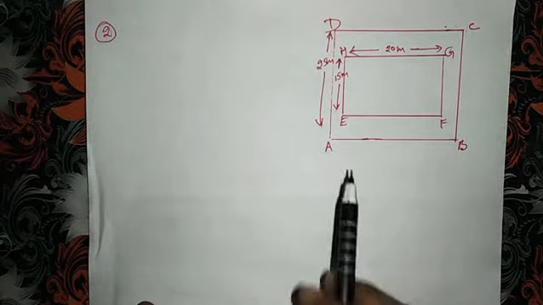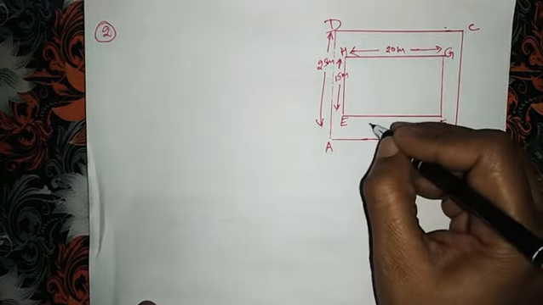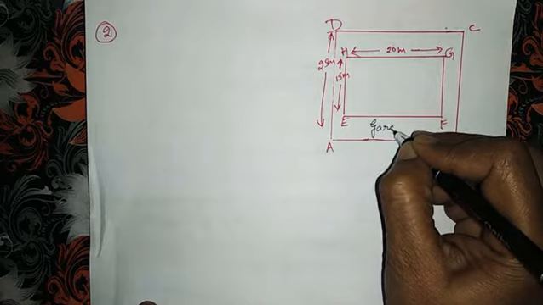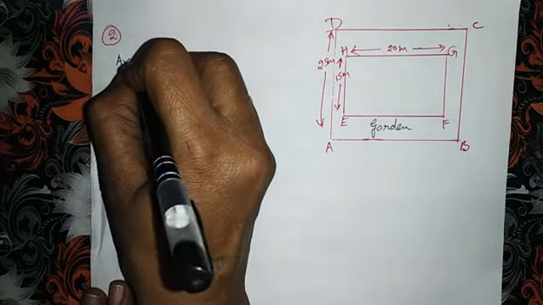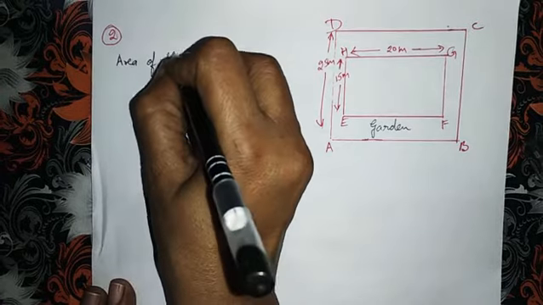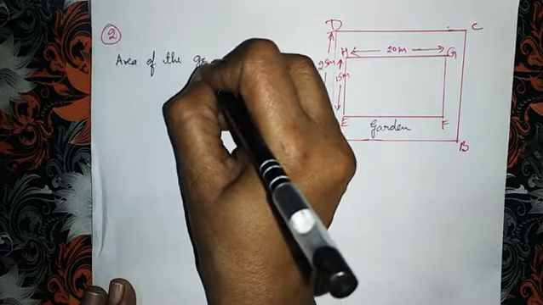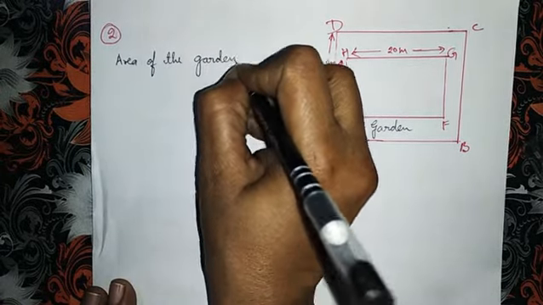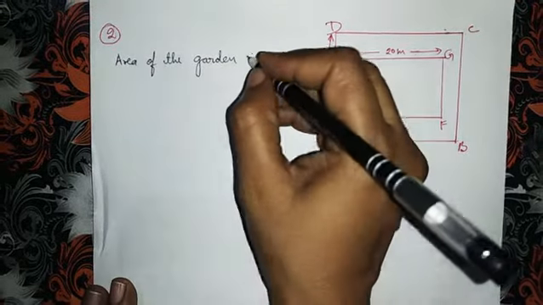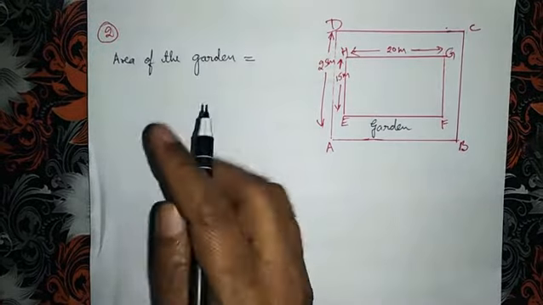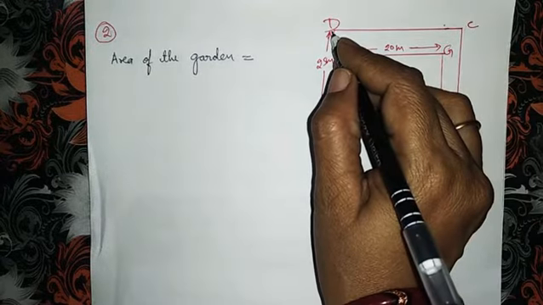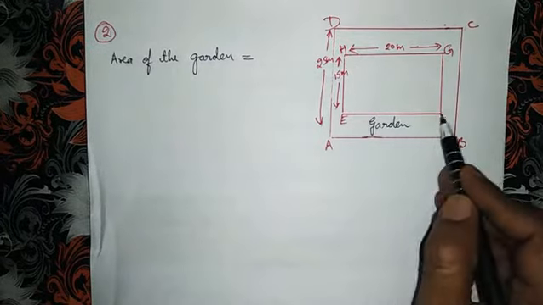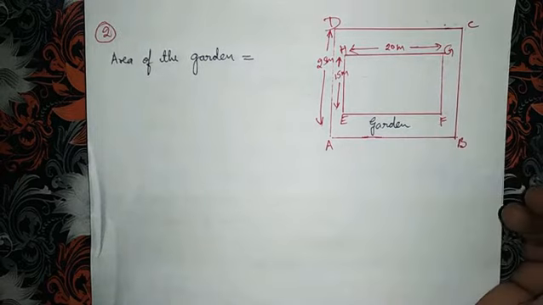Here students, first of all we will find the area of this garden. Now area of the garden is equal to area of the outer square minus area of the inner rectangle.